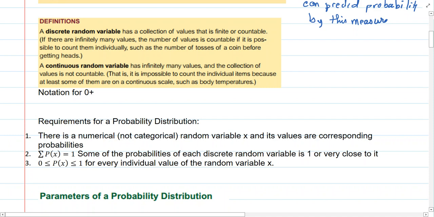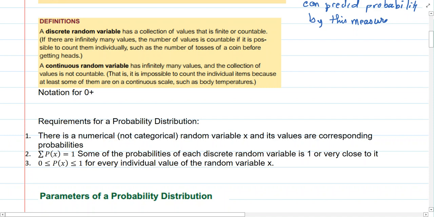Continuous random variables have infinite values, and the collection of the values are not countable. We studied that in chapter 1 about discrete and continuous.